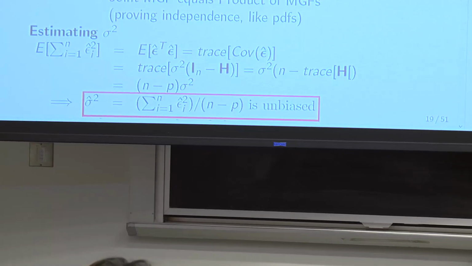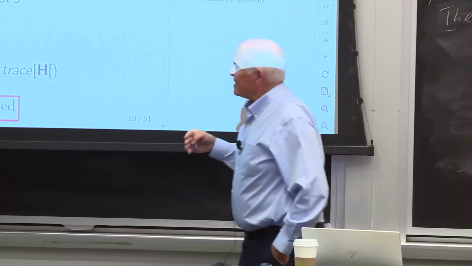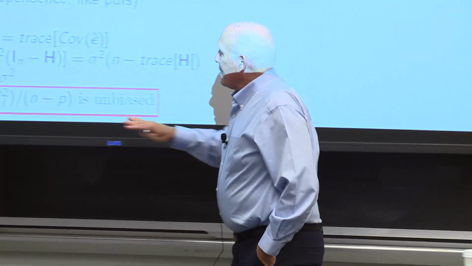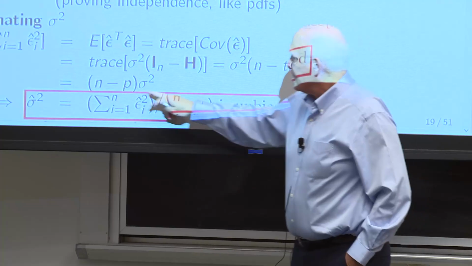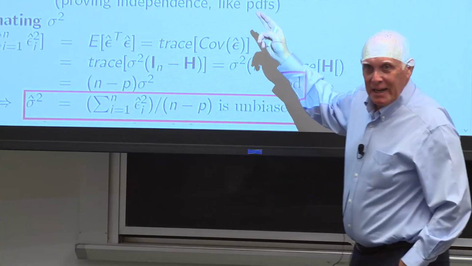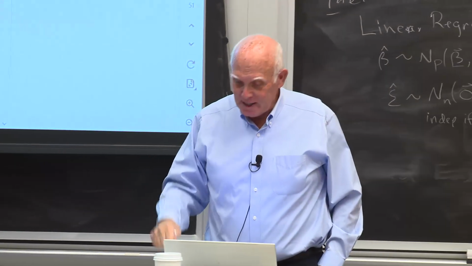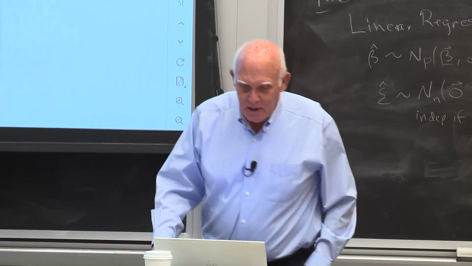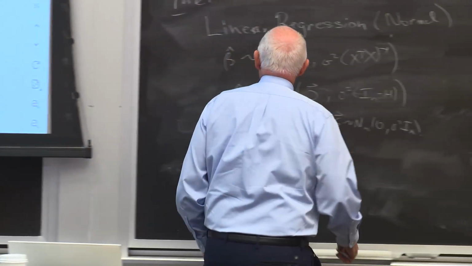Now, what's interesting mathematically is that because this estimate of the error variance depends on the residuals, which are independent of beta hat, we can then use this information to construct t-statistics for the least squares estimates.